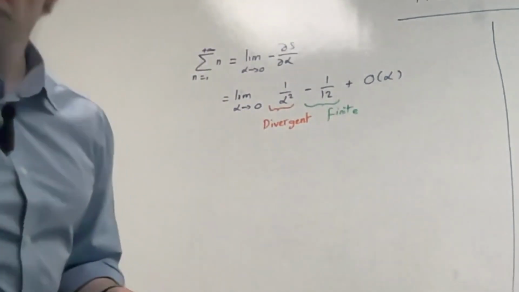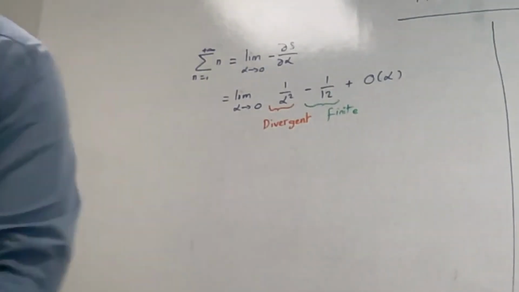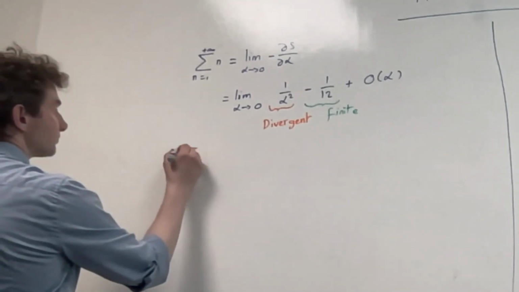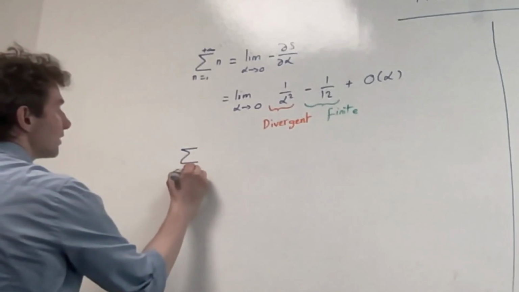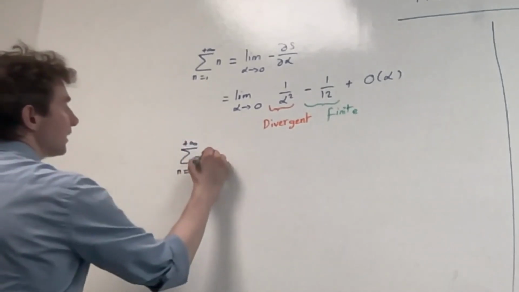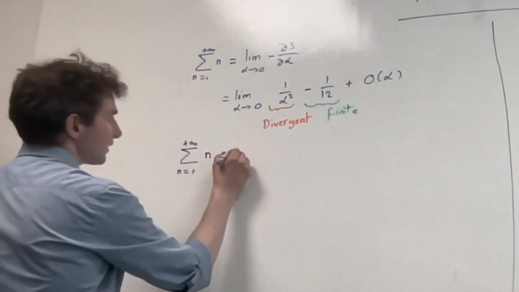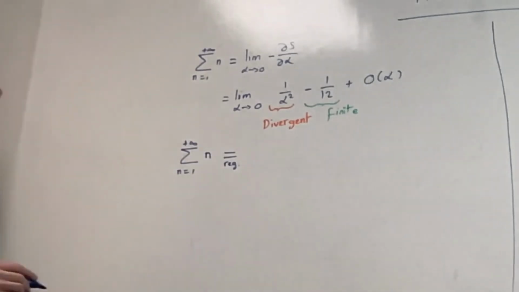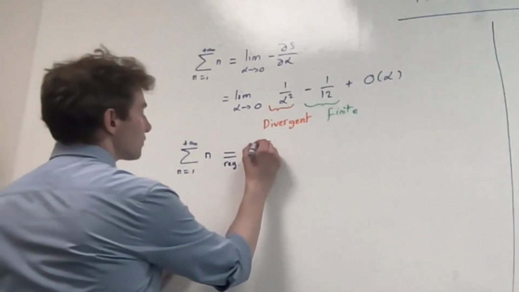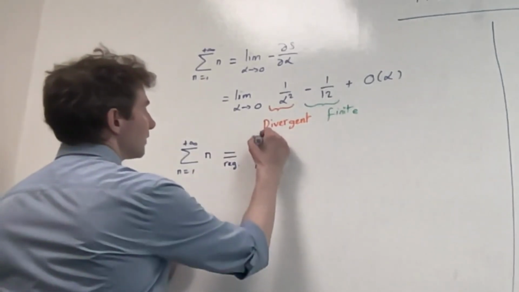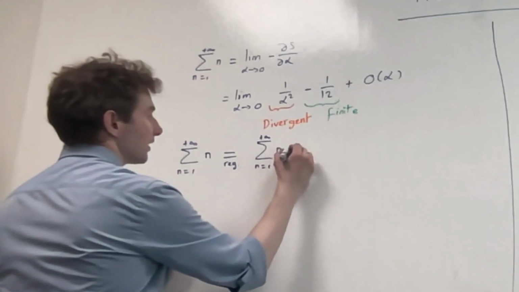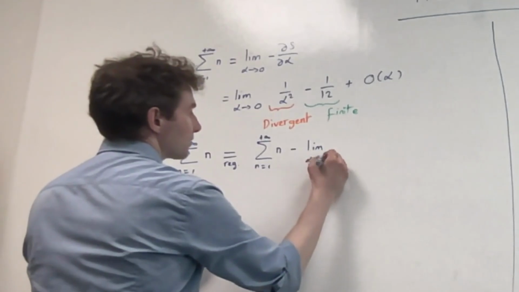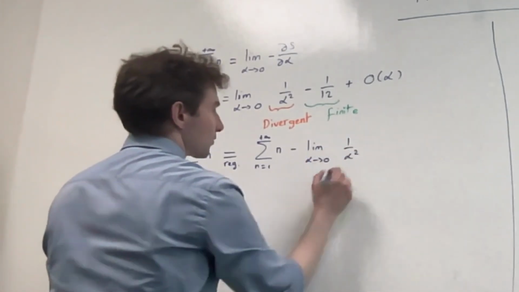And so what we are going to say in the end, and that's what people mean, is that basically we are going to say that the sum of n from 1 to plus infinity of n, I can say that this is equal, and then I put here reg, so through regularization, this is equal to the sum of n from 1 to infinity, and then minus the limit when alpha tends to 0 of 1 over alpha squared.